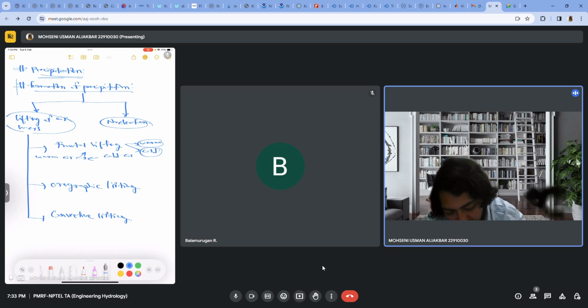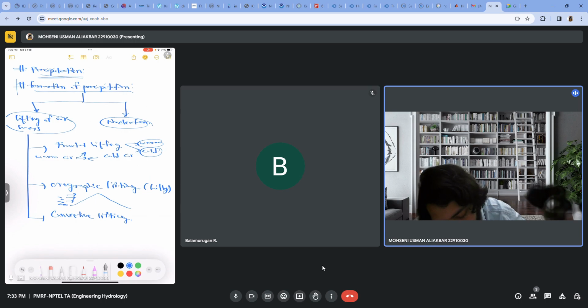The other way is called orographic lifting. This type of lifting mostly occurs in hilly areas. How does that happen? Let us say there is a mountain nearby and the wind is blowing in this direction. This is the windward side, where the air will be hotter along the surface, and when it moves above the hill, it will become cooler.